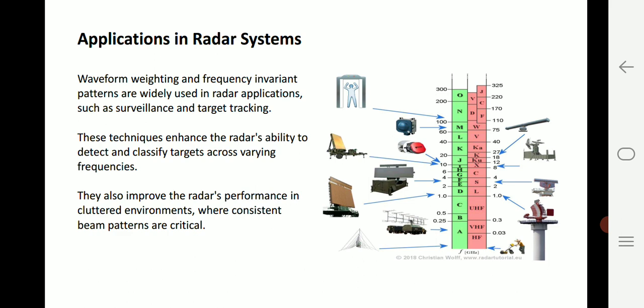used in radar systems. Waveform weighting and frequency invariant patterns are widely used in radar applications such as surveillance and target tracking. These techniques enhance the radar's ability to detect and classify targets across varying frequencies.